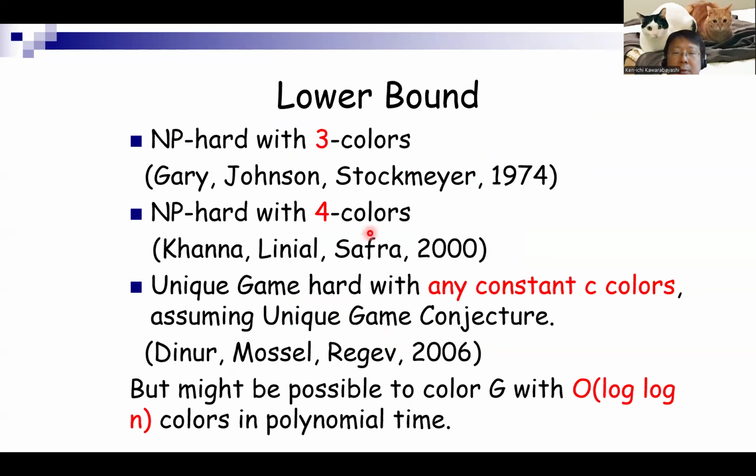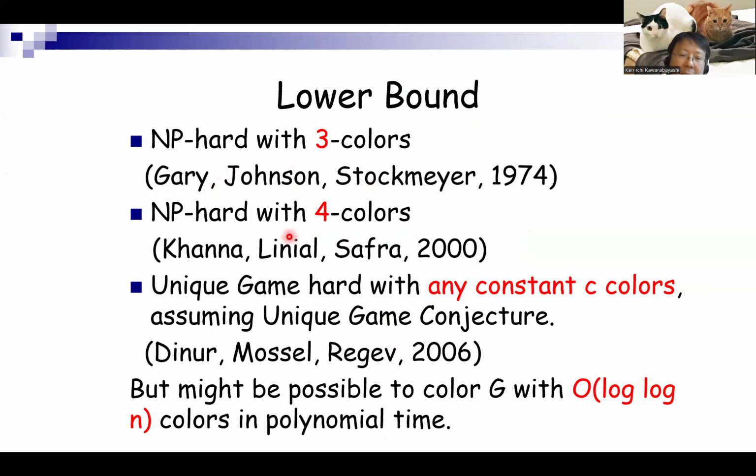So let's talk about the lower bound. Well, it's a typical NP-hard problem with three colors. In fact, three-coloring is one of the earliest NP-complete problems, shown by Garey, Johnson and Stockmeyer in 1974, 50 years ago.